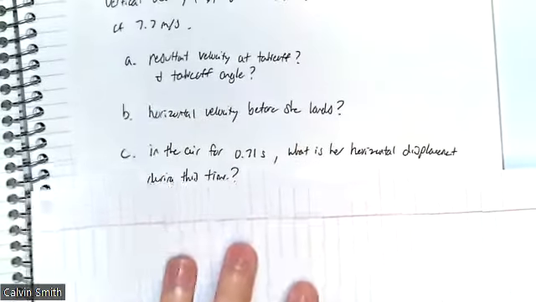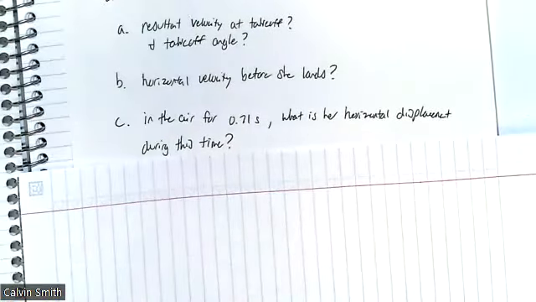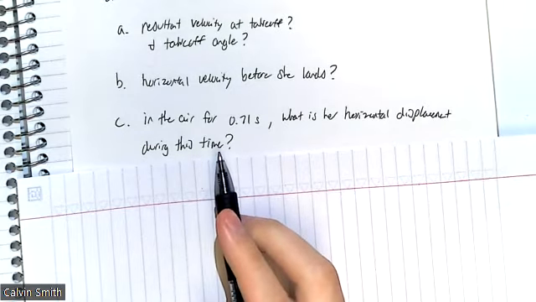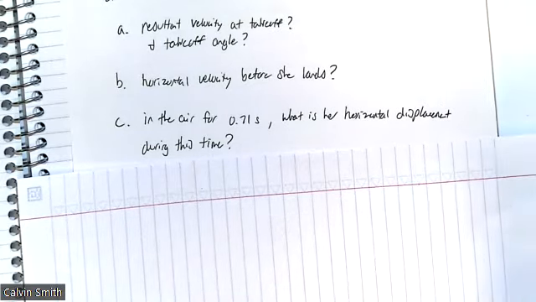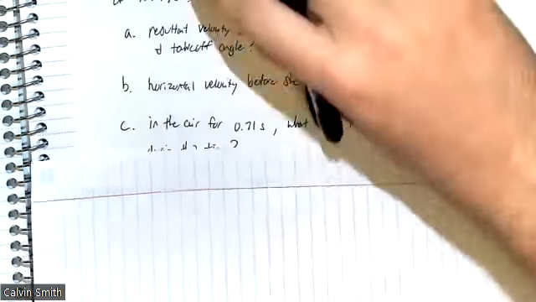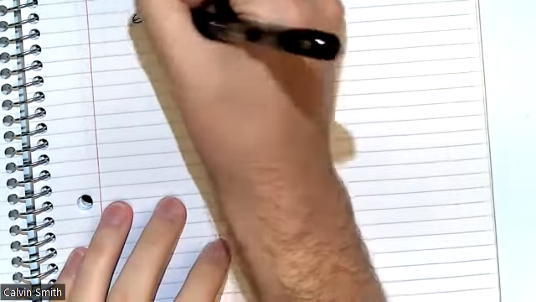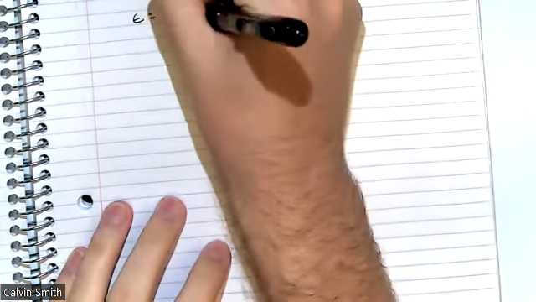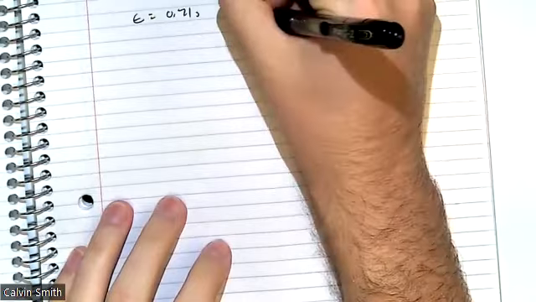So part C, she's in the air for 0.71 seconds. So what is the horizontal displacement during this time? They gave us a time and said find delta d sub x.